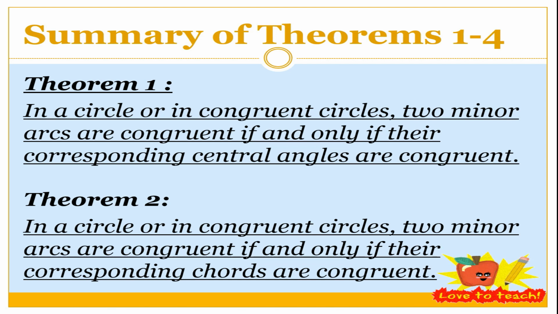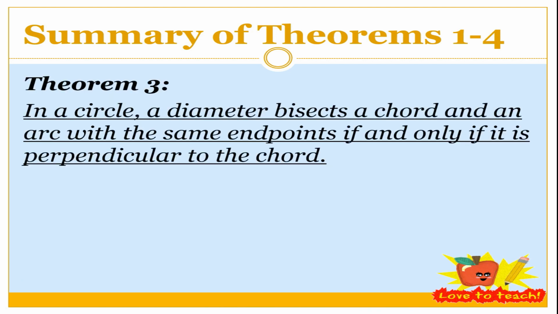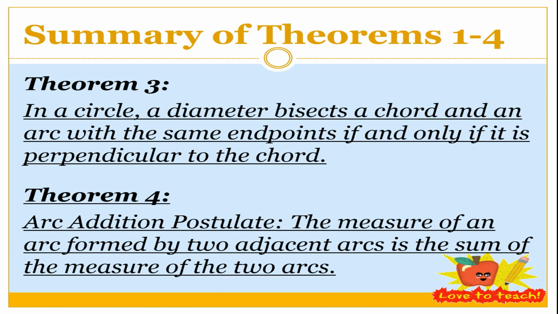Theorem number 3. In a circle, a diameter bisects a chord and an arc with the same endpoints if and only if it is perpendicular to the chord. And theorem number 4, which is arc addition postulate, the measure of an arc formed by two adjacent arcs is the sum of the measure of the two arcs.